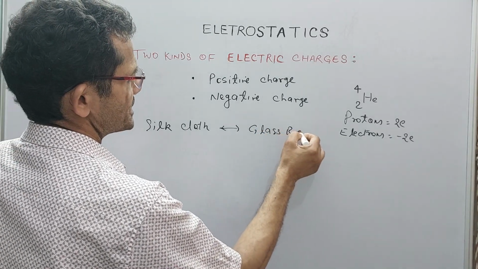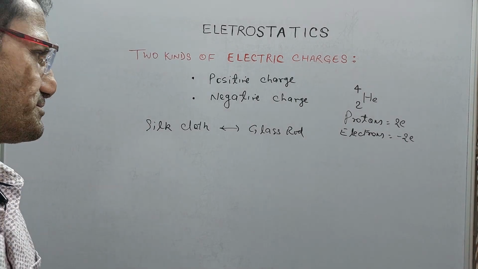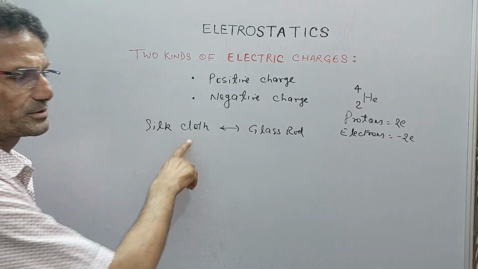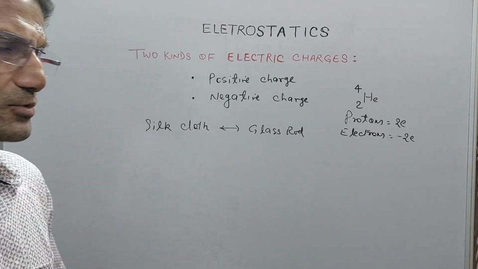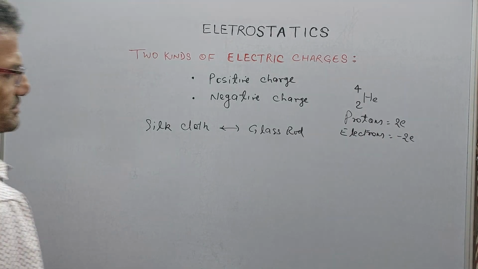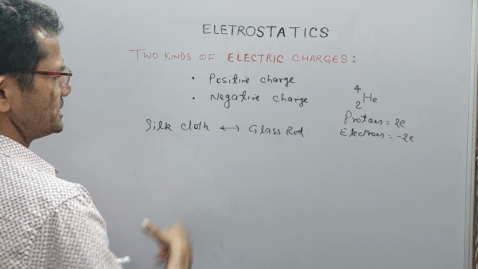Initially, before the rubbing, the glass rod and silk cloth are neutral. Neutral means the total charge on these two objects equals 0. After rubbing, some charges transfer between glass and silk cloth.